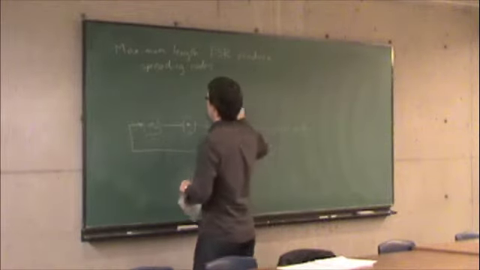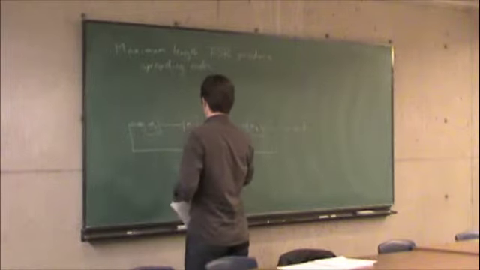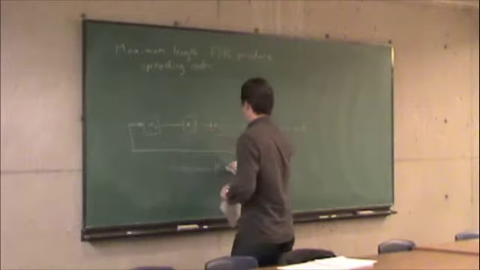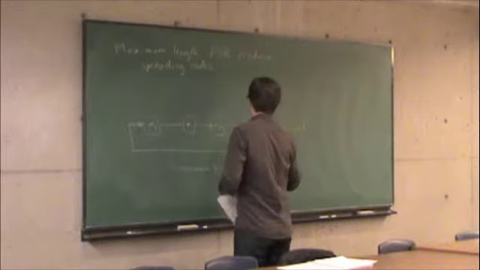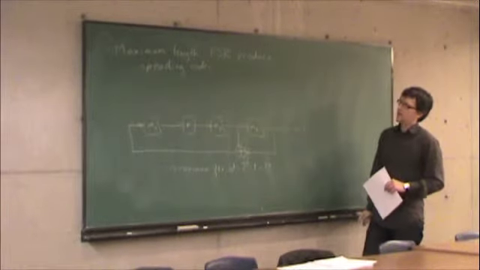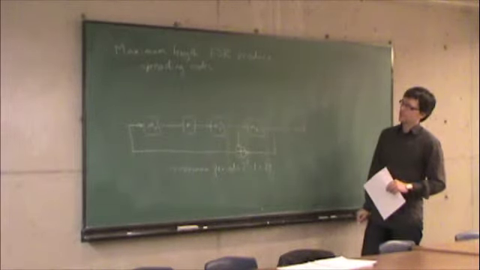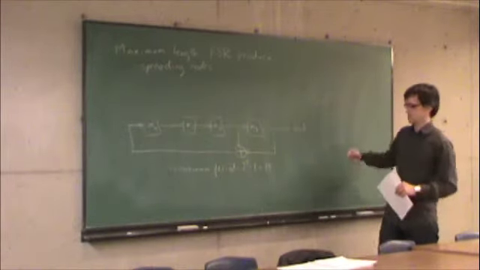So the maximum period is 2 to the 4 minus 1, which is 15. So basically what we have to do is start with some non-zero state and show that the period it takes to get back to that state is 15.